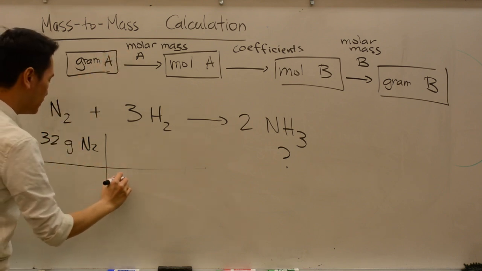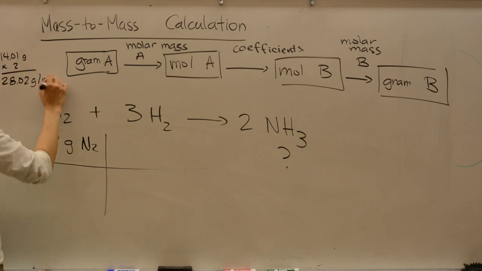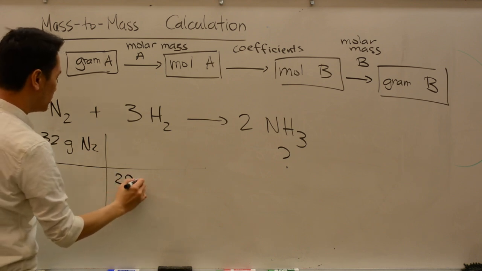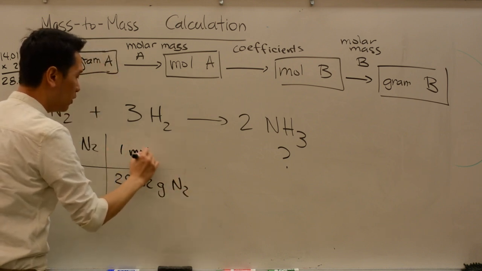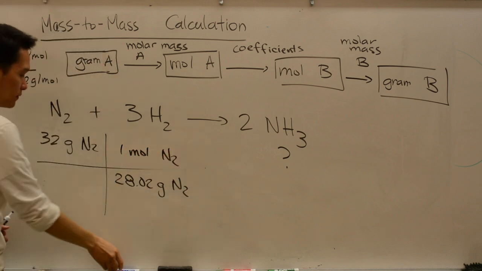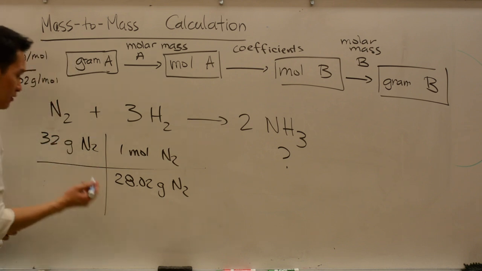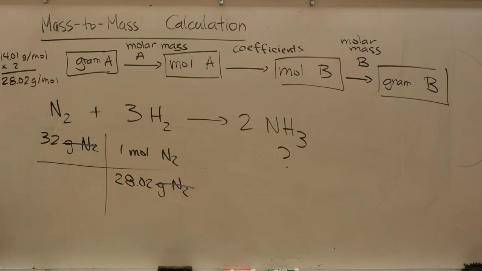Nitrogen is 14.01 grams per mole, and there's 2 of that, so times that by 2, that's 28.02 grams per mole. So 28.02 grams of nitrogen is in 1 mole of nitrogen. Again, that's why we learn about unit analysis. It's going to really guide us. Grams of nitrogen will go away.